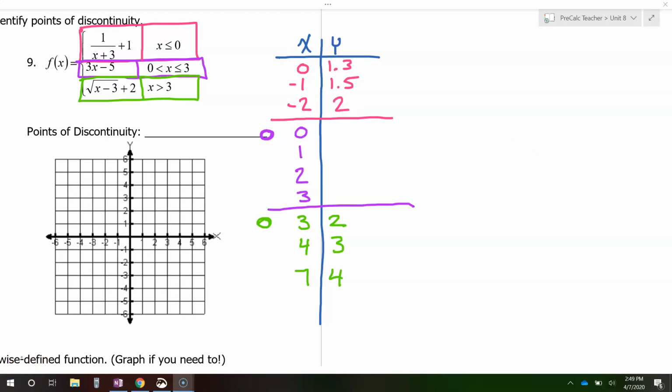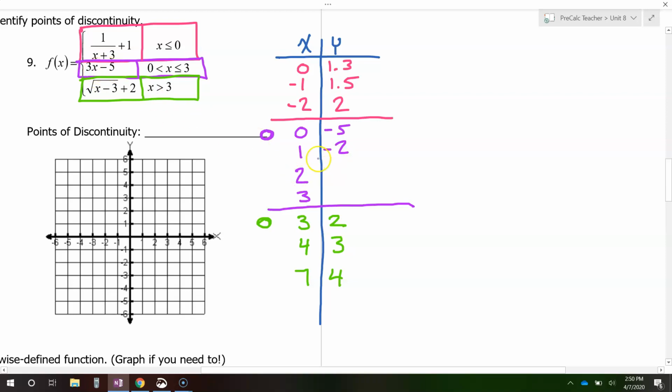Moving on to the purple portion of the piecewise function, I've got this 3x minus 5. So 3 times 0 is 0, minus 5 is -5. 3 times 1 is 3. Minus 5 is -2. And 3 times 2 is 6.